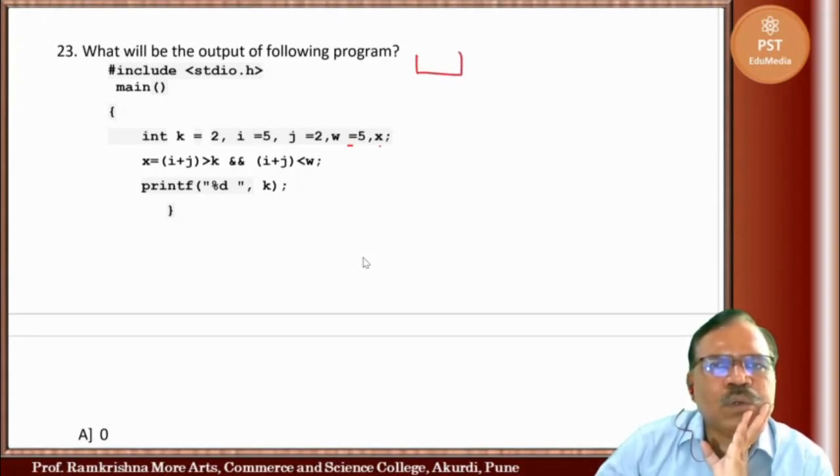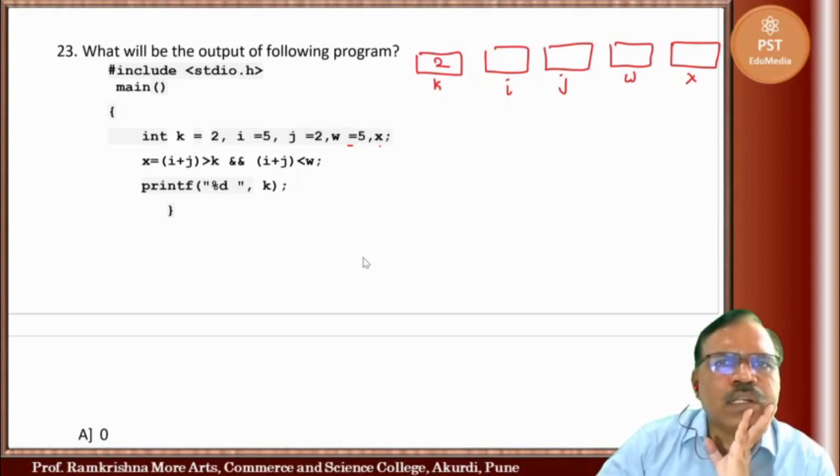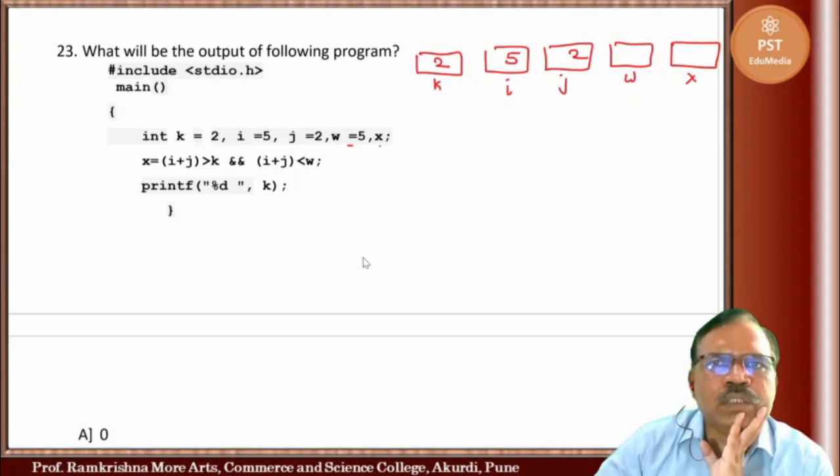So k, i, j, w and x. 2 is stored here in the form of binary, 5 is stored here, 2 is stored here, 5 is stored here.